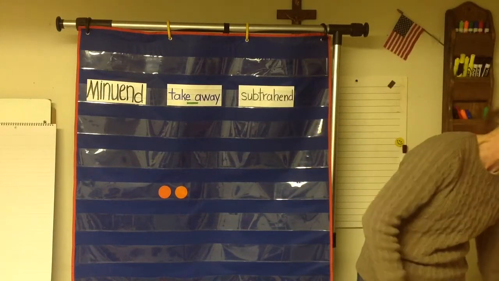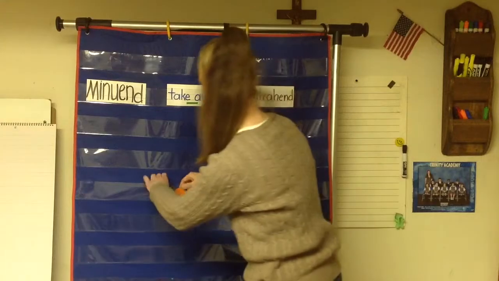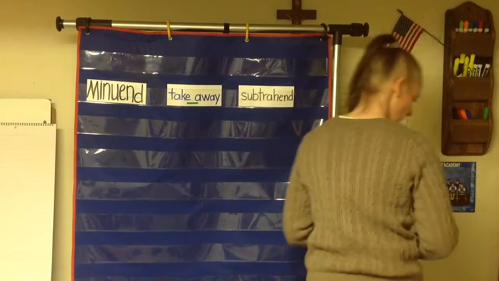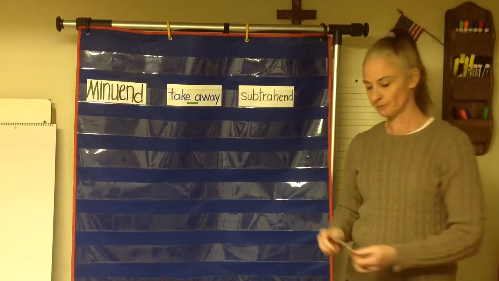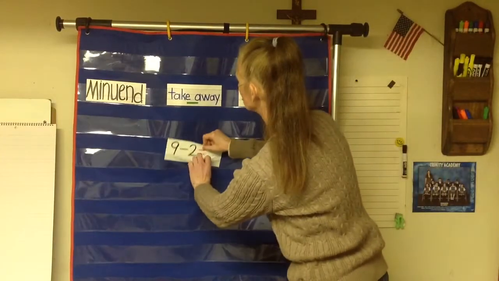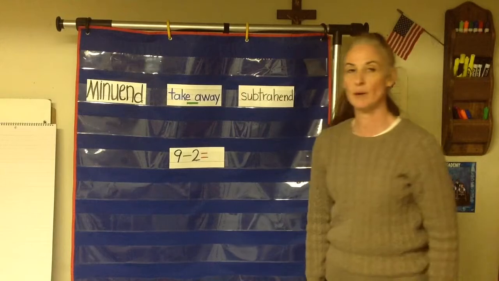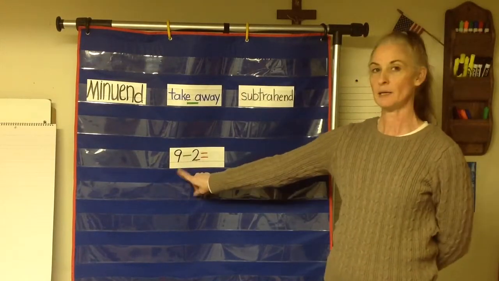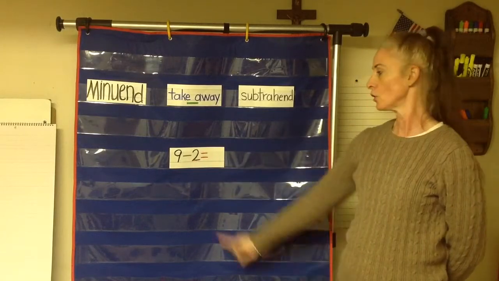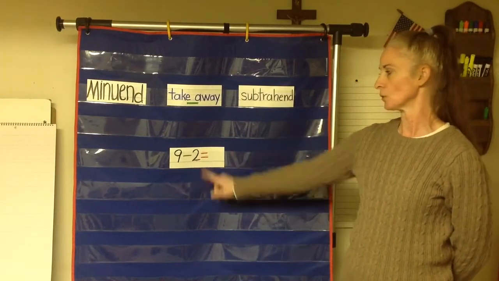Okay, erase your board. Okay, ready? Our number sentence is, and you're going to write it on your strip, 9 minus 2 equals.